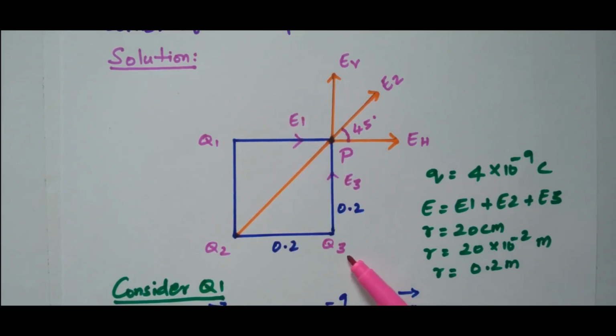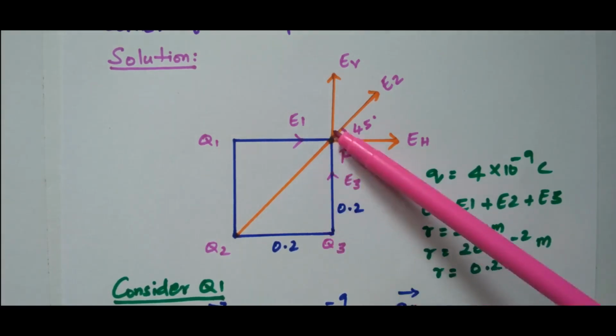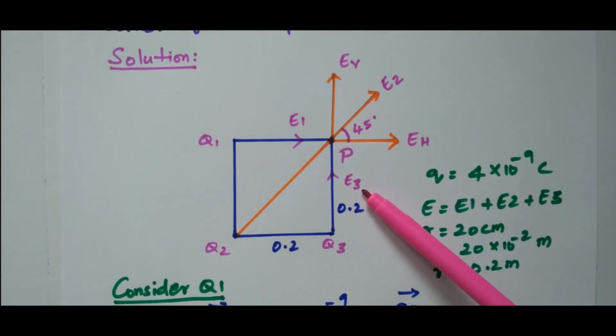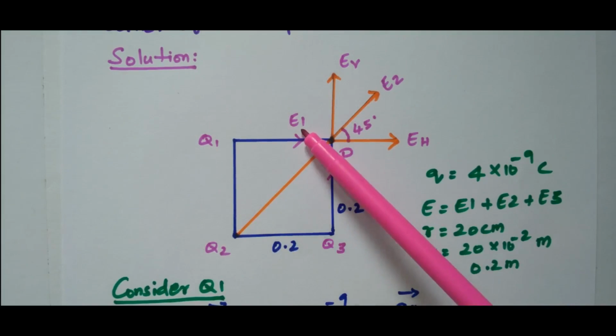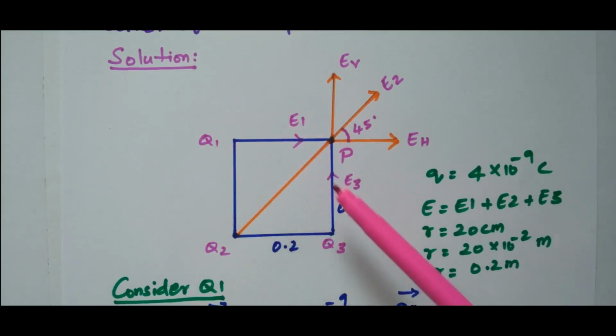Now consider Q3. Due to Q3, the electric field intensity at point P is E3. These two are also in the same line, so we have only one component. E3 is a vertical component, right? So E1 is the electric field intensity due to Q1. E3 is the electric field intensity at point P due to Q3. So these are all available in the same line.